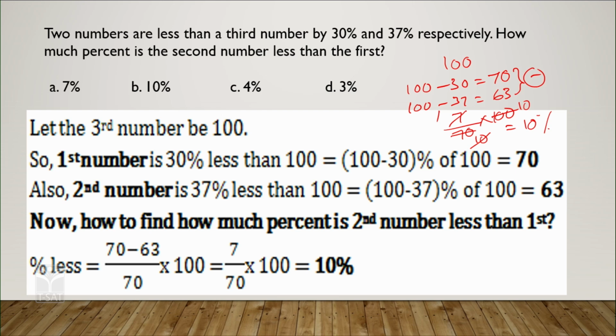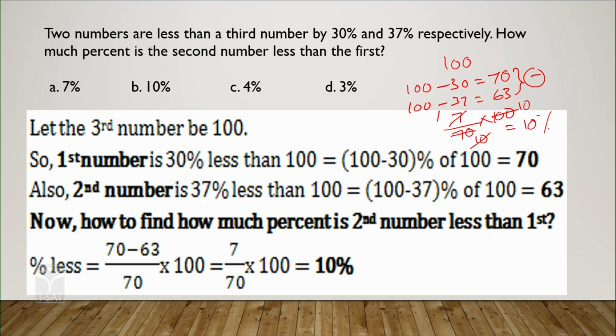Means the second number is 10% less than the first number. It's very clear. But in general, that's the reason I said, for a mathematics background student, they can easily calculate it without using pen and paper. In mind calculations only they can do it.